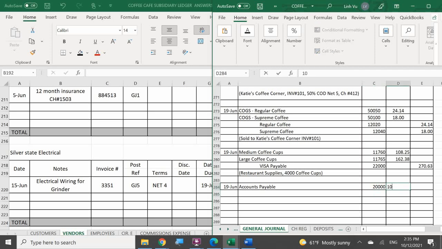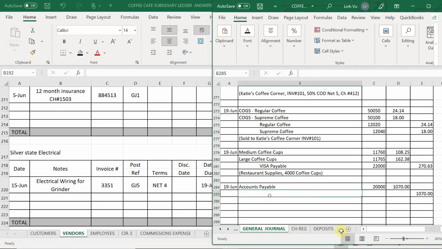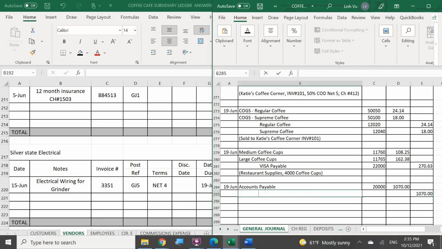Okay, so in this case for 1070, we're gonna write them a check. Good. No worries, because we already put the cost to the grinder already. So now we're just paying what we owe.